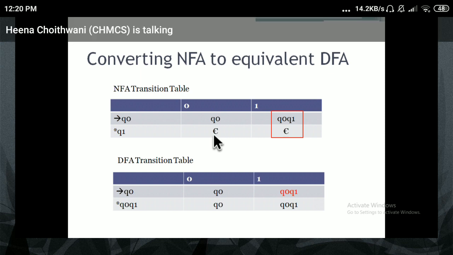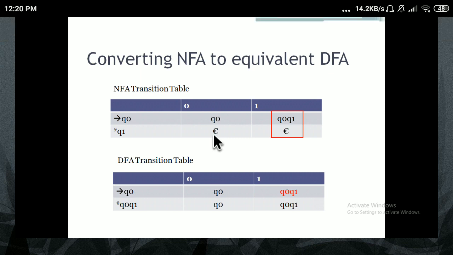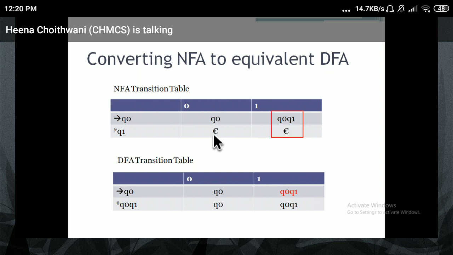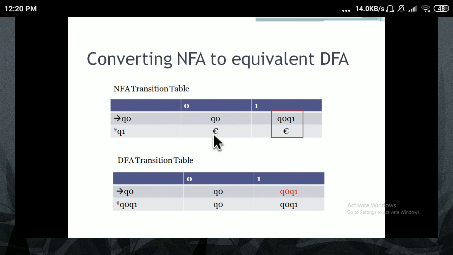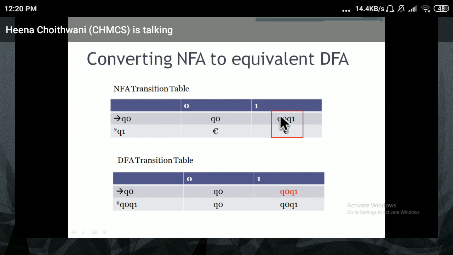How are you going to deal with it, a new state or no state? Check in this part. Do we have any transition moving on Q1?